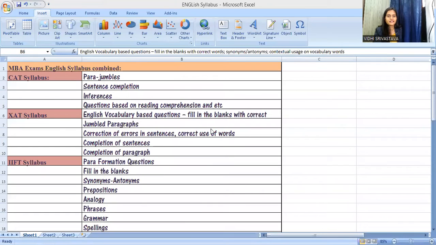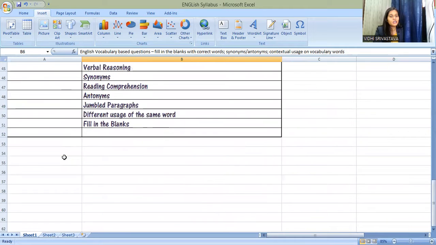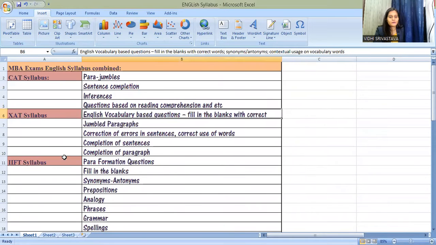Yeah. So as you can see on my screen, I have compiled a list of the syllabus of each MBA exam, that is CAT, XAT, IIFT, NMAT, and SIBM.